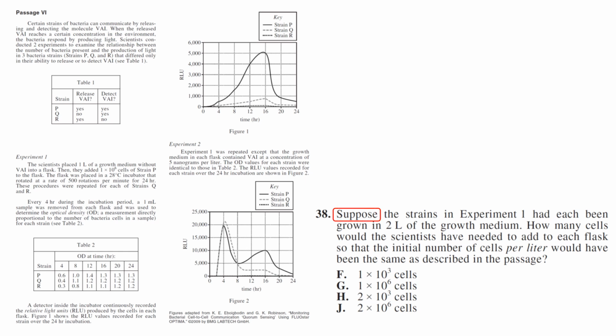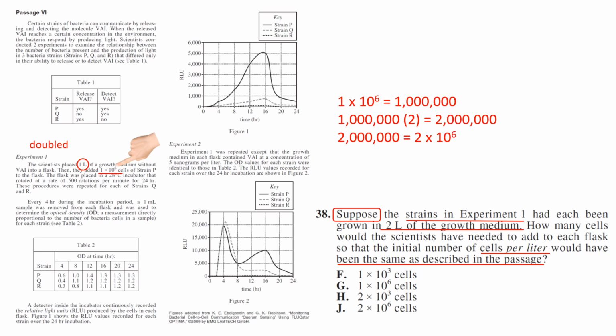38, this is a why-type question where you have to extend your knowledge a bit. The strains in experiment 1 had been grown in 1 liter of growth medium, and now it's 2 liters, so we're doubling it. How many cells would the scientists have needed to add to each flask so the initial number of cells would be the same? So we're doubling the cells and we're doubling the growth medium. So 1 times 10 to the 6 cells is 1,000,000.